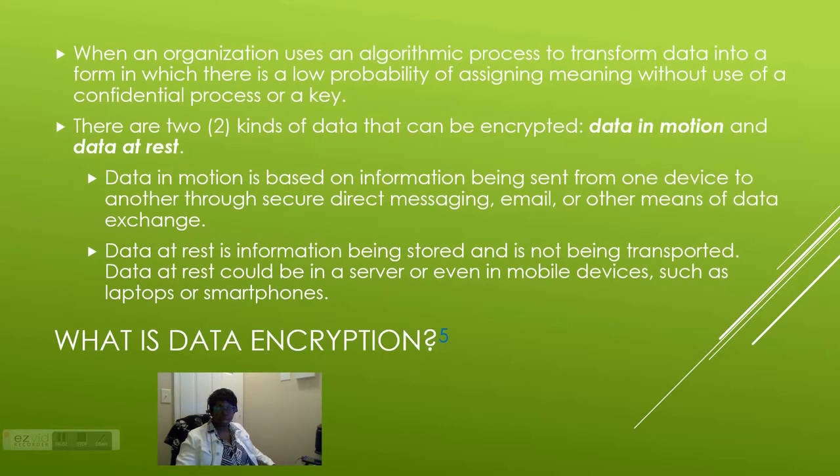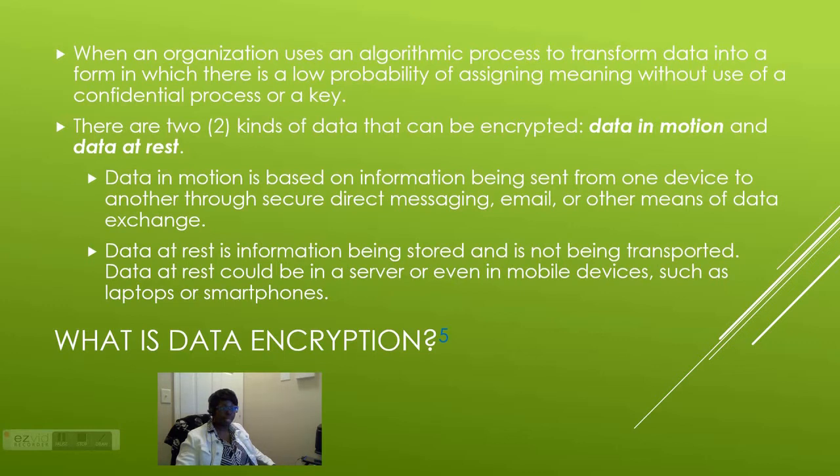What is data encryption? This is when an organization uses an algorithmic process to transform data into a form in which there is a low probability of assigning meaning without use of a confidential process or key. There are two types of data that can be encrypted: data in motion and data at rest.